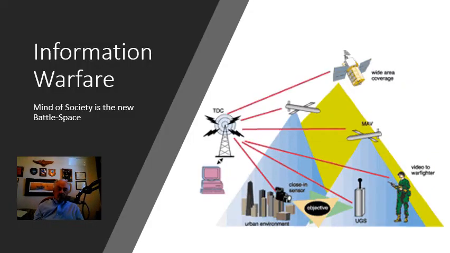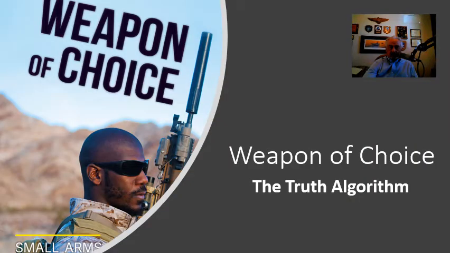Keep in mind that we are engaged in information warfare, and the mind of society is the new battle space. Our weapon of choice. Now, we can choose to be passive or be active.